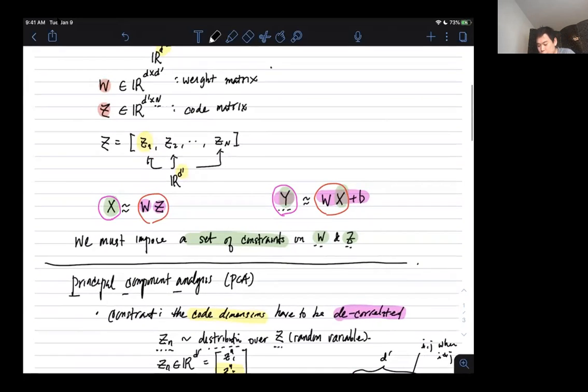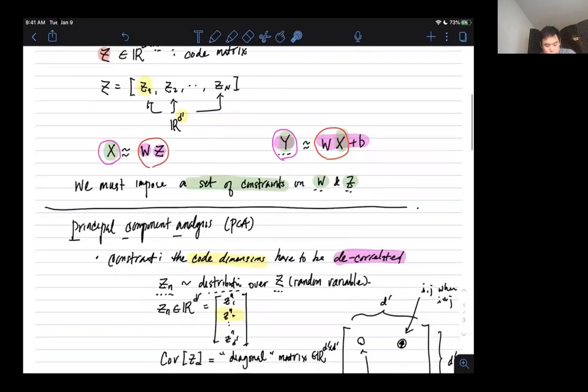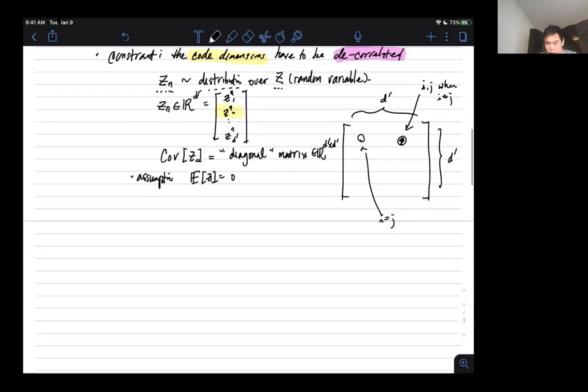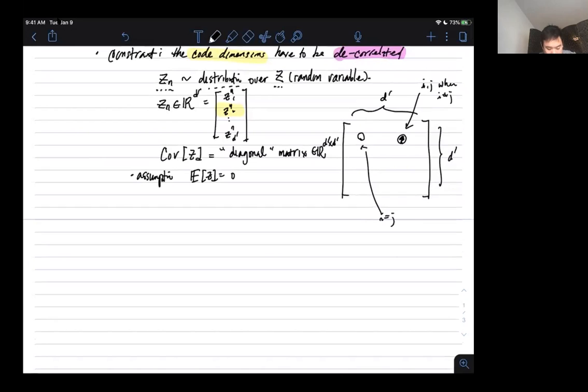That is identical to having z standard. So in this case, we're going to assume that the z is standard, which is not really necessary, but this helps in deriving the whole principal component analysis.